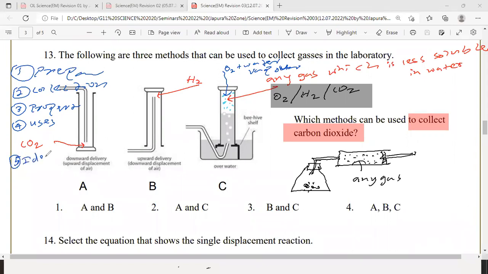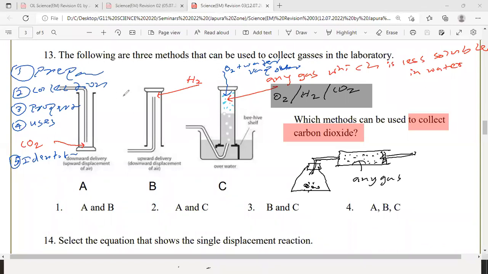If you want, you can write the list. Example: how to prepare carbon dioxide, how to collect carbon dioxide, what are the properties of carbon dioxide, what are the uses of carbon dioxide, how to identify carbon dioxide. Or if you take oxygen: method of preparation, chemical reaction, balancing, chemicals required.